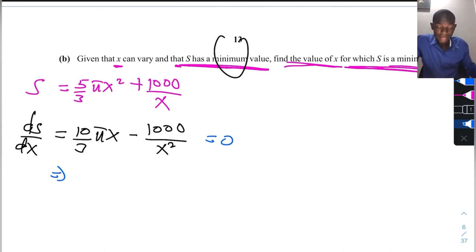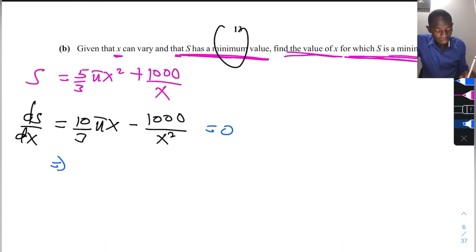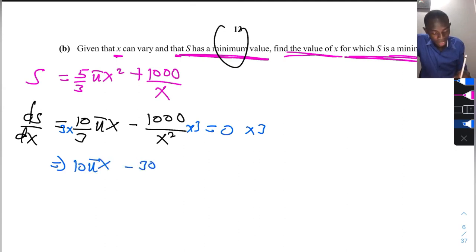Let's try and solve for x. Okay, so if I multiply by 3 first, you have times 3 there, times 3 here, and that's going to give you 10 pi x minus 3000 over x squared is equal to 0.